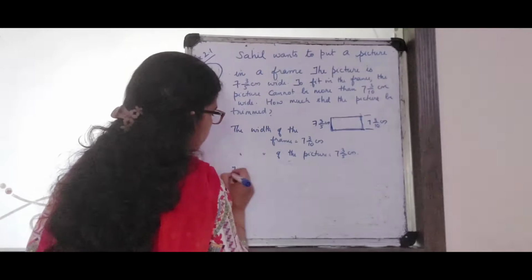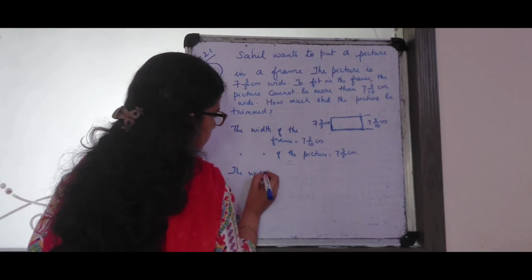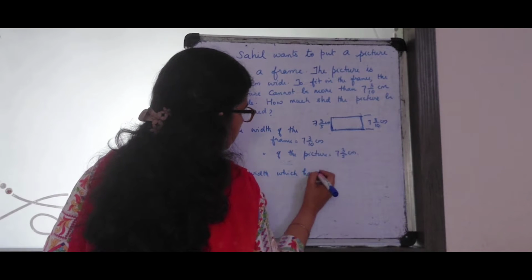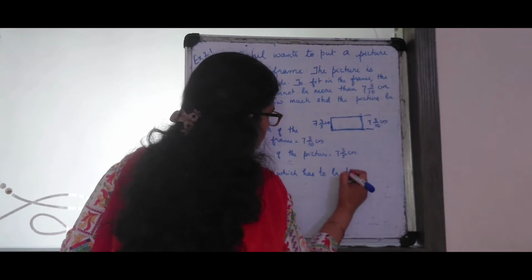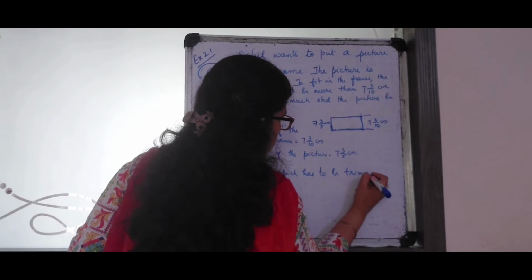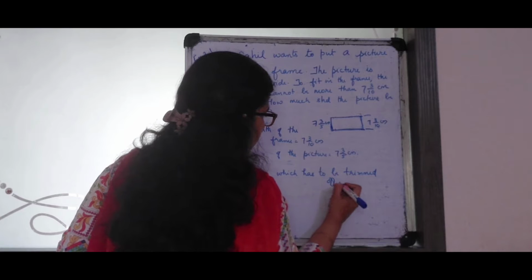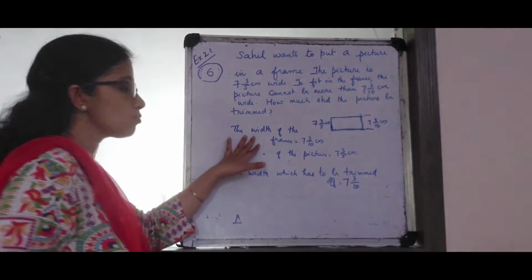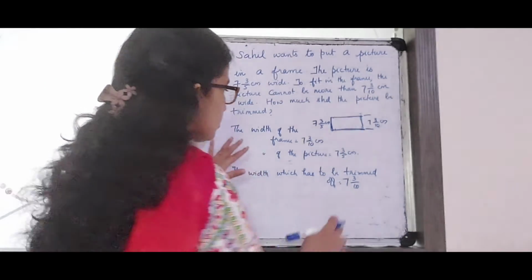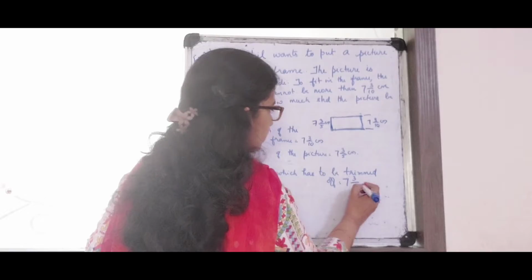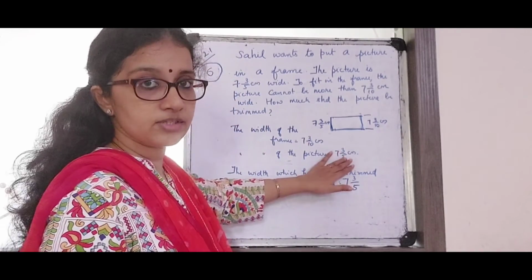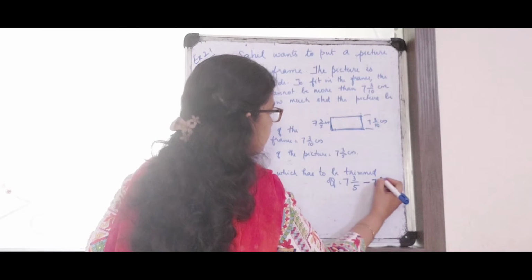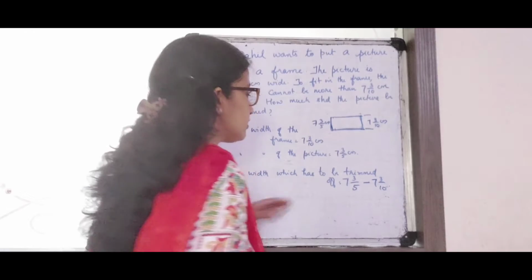So the width which has to be trimmed off is equal to, 7 3/10 is the bigger number, right? Sahil's picture is more than the frame, right? So sorry, 7 3/5 is the bigger number because that is the width of Sahil's picture. Sahil's picture is more than the frame. So 7 3/5 minus 7 3/10. Okay, this is the answer.